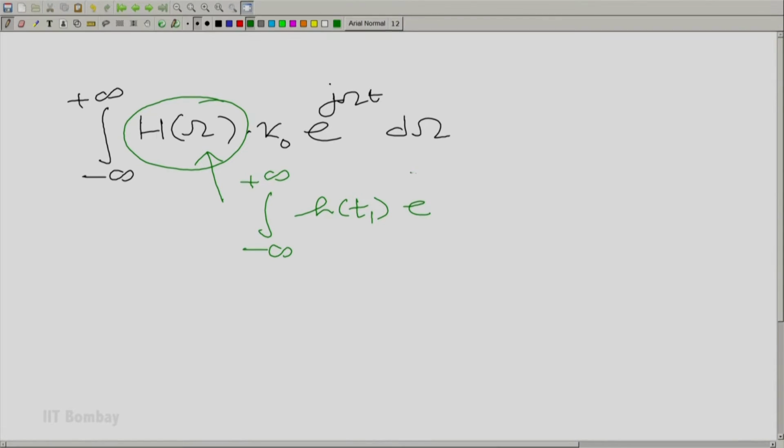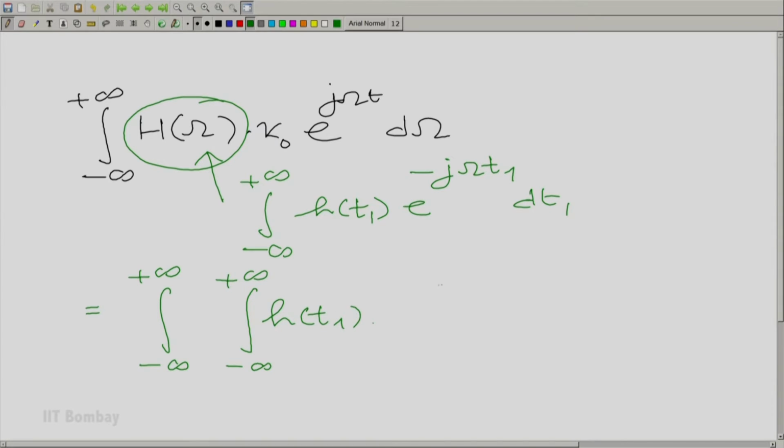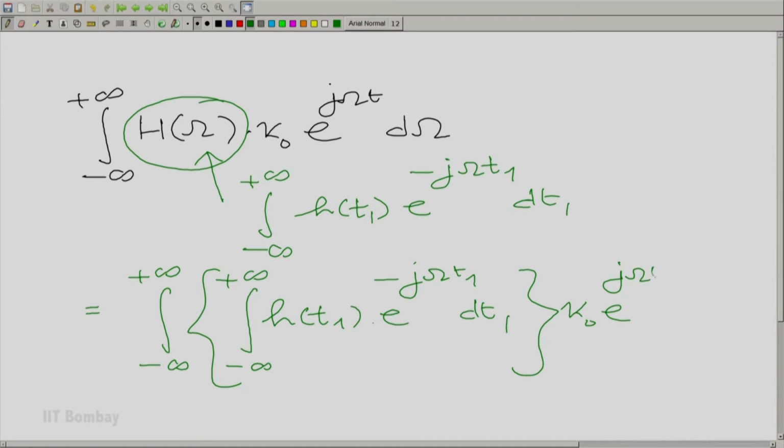Now, instead of writing t, we will write t1, because we have to distinguish from the other variable t here. So, now when I make that substitution, I have a double integral h(t1) e^(-j omega t1) dt1, and then kappa 0 e^(j omega t) d omega.